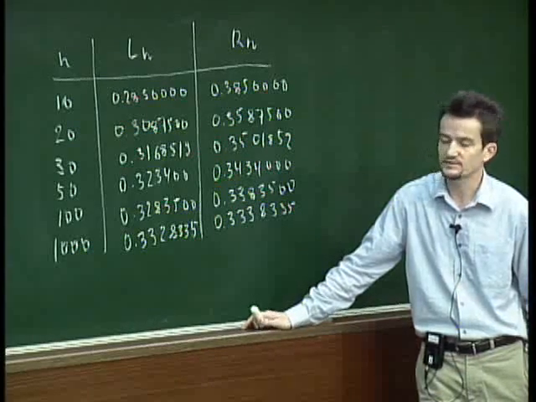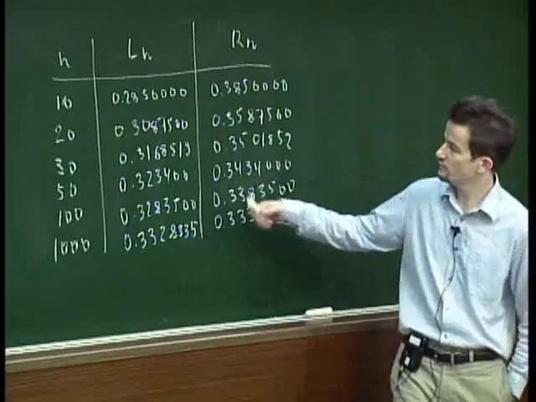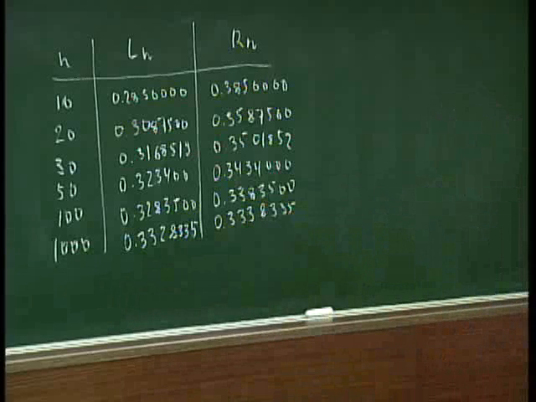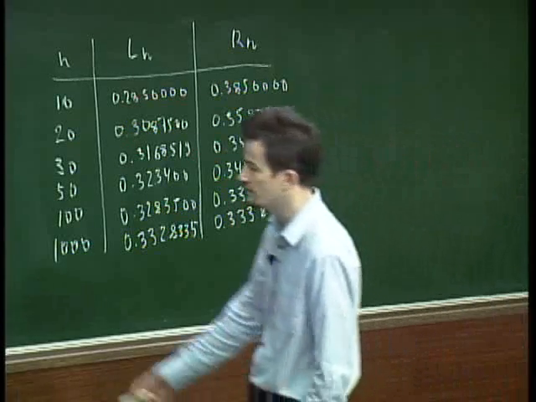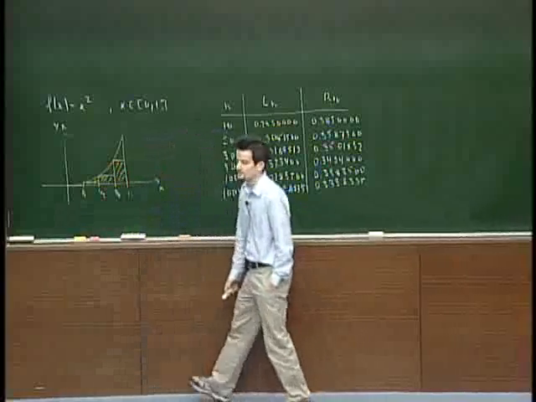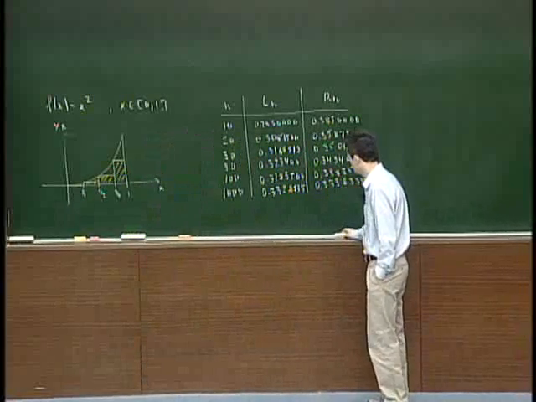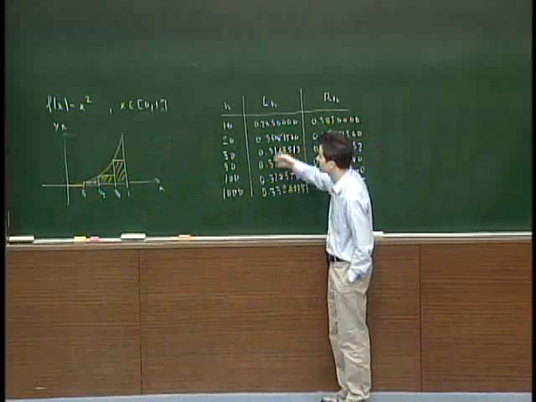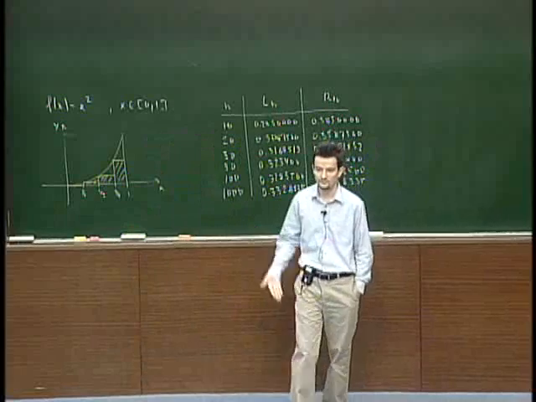But you see something already which is quite interesting. If you look at this data, what do you observe? If you assume we do not know the right value for the area, then we do not know whether this sequence ln really converges to something.